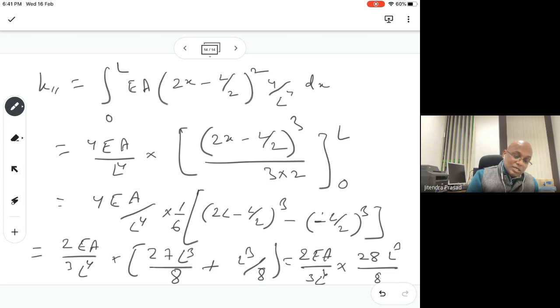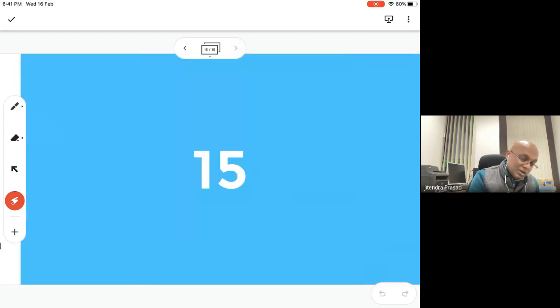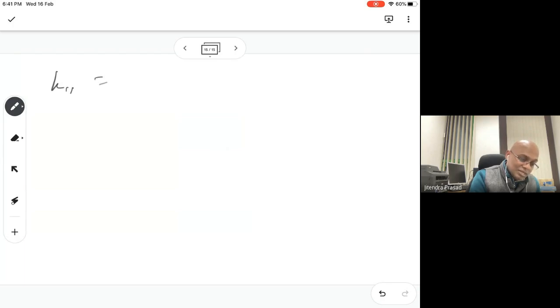We have 8 here and we have 56 here, so 7 becomes 7 over 3 EA, and then L cube here, L to the 4 here. So EA over L multiplied by 7 over 3. You guys are with me? So K11 is equal to 7 over 3 EA over L. Got it?